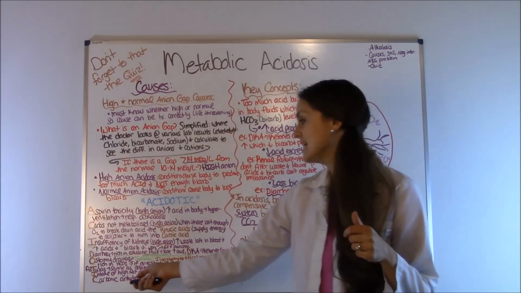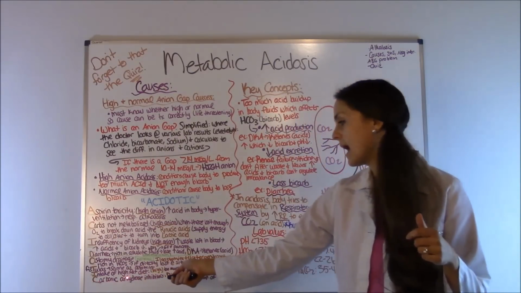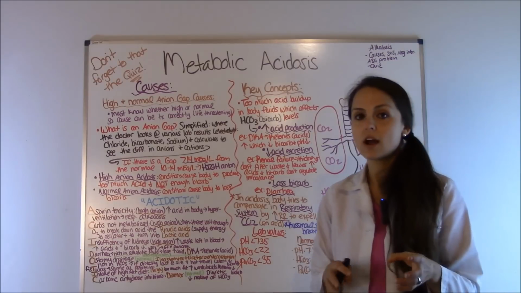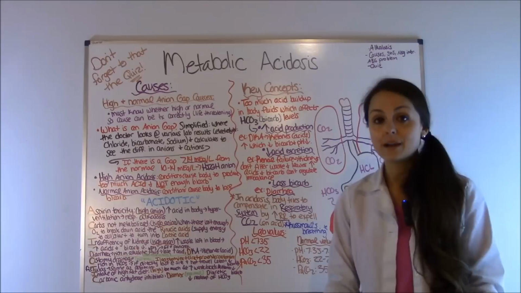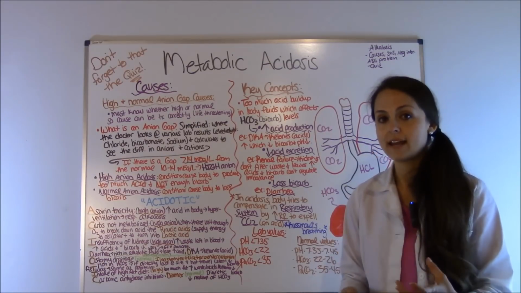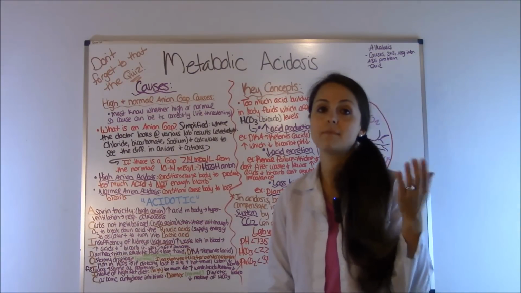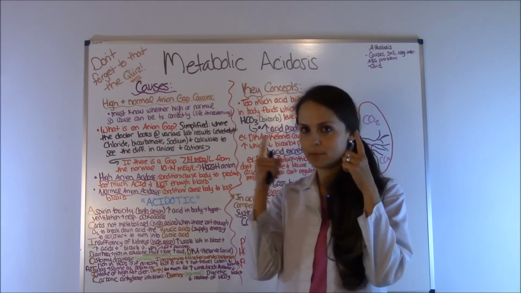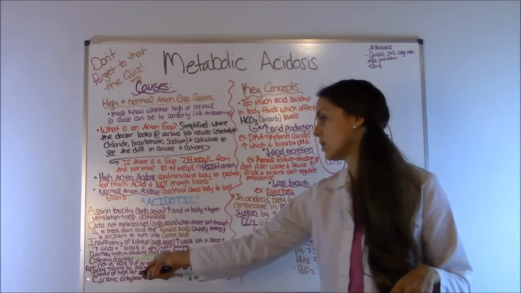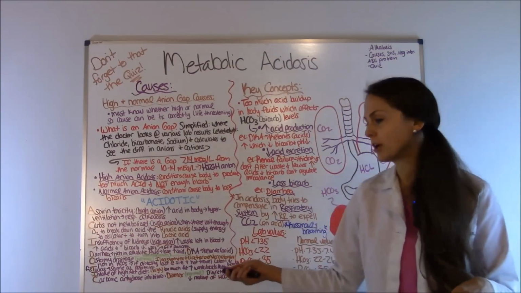Okay, and last, C for carbonic anhydrase inhibitors. These drugs, remember this is a big one. For instance, Diamox. Diamox is a diuretic, and we will be talking about this in metabolic alkalosis. It's actually a treatment for metabolic alkalosis, so remember this drug. Diamox, it's a carbonic anhydrase inhibitor.